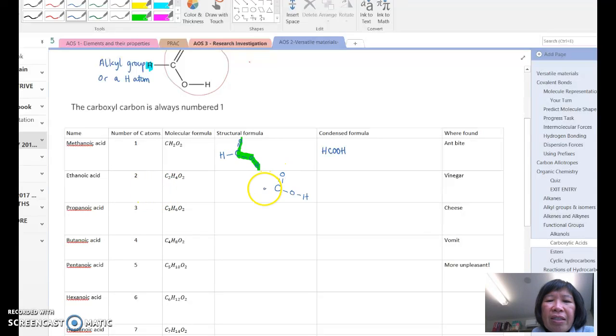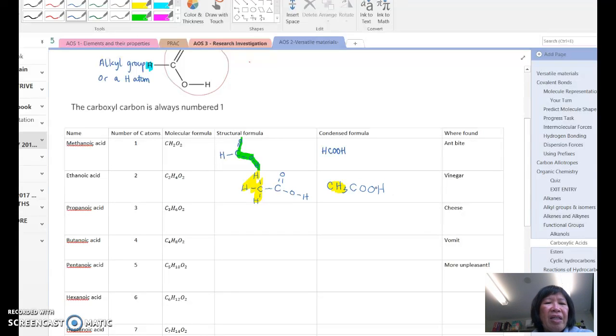What remains is a carbon with 3 hydrogens. So the alkyl group here has 2 carbons, therefore it is ethanoic, right? And the condensed formula is CH3 (this group of C and 3 hydrogens), and then COOH.